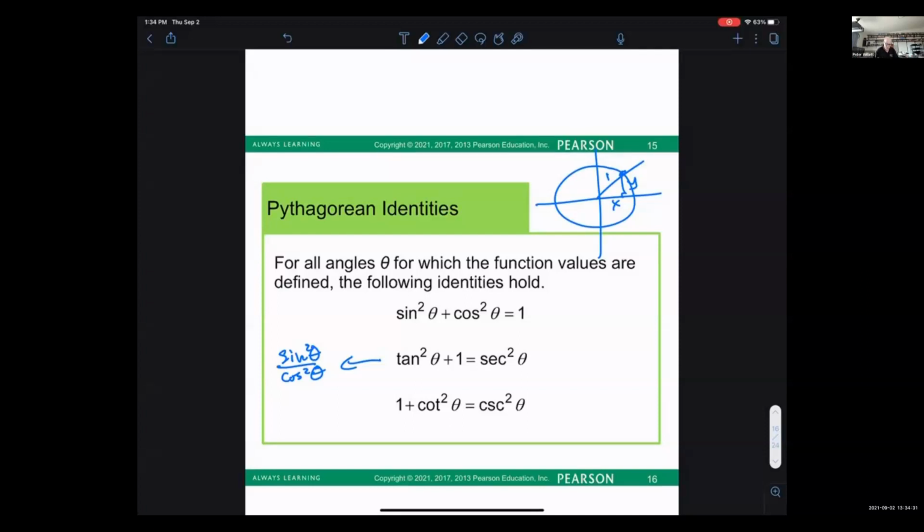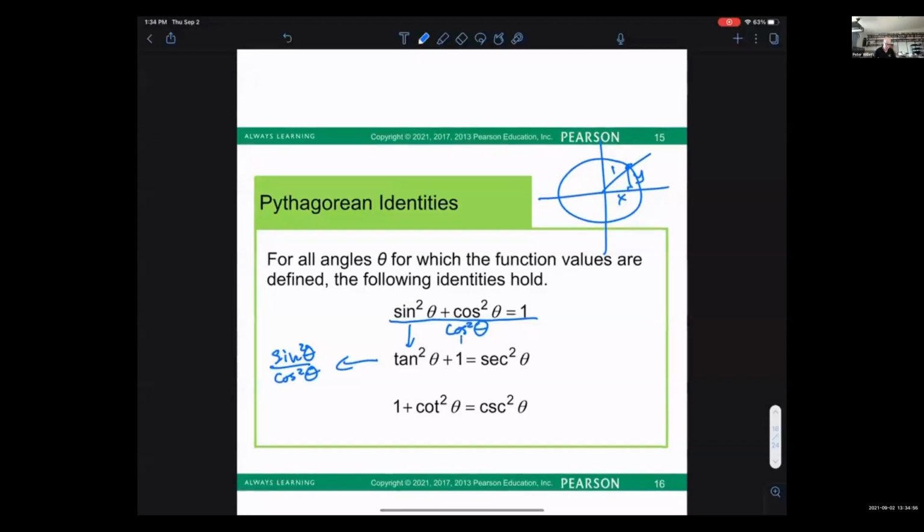So basically, I'm going to take everything on both sides of the first equation and divide them all by cosine squared. We can do the same thing to both sides of an equation. Well, then sine squared over cosine squared becomes tan squared. Cosine squared divided by cosine squared becomes 1. And 1 over cosine squared is the definition that would give us secant squared.